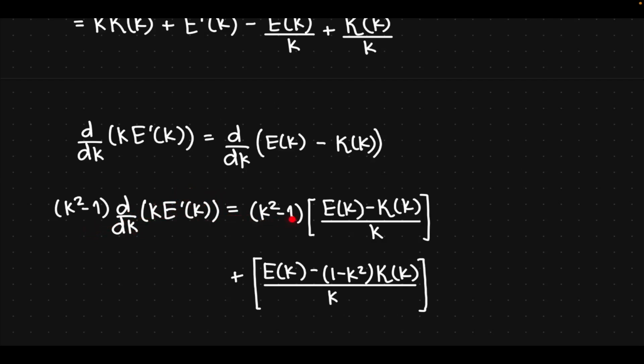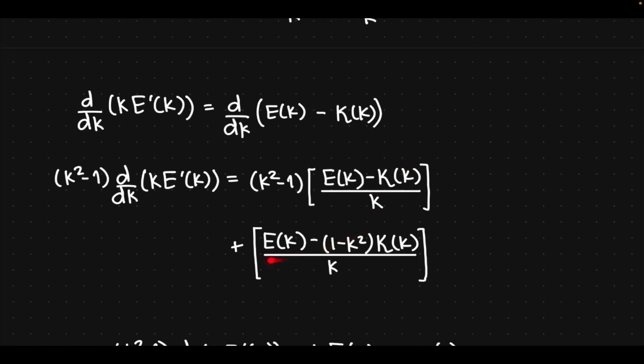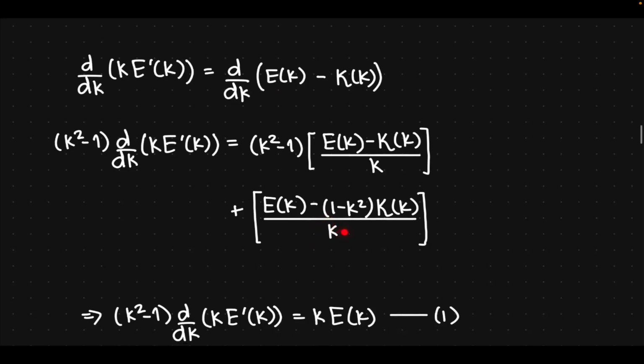I'm just multiplying both sides by k squared minus 1, which equals (k squared minus 1) E of k minus capital K of k over k plus, because this first term is just the differential for E of k, this first term is just after substituting for E prime of k. Second term is substituting for K prime of k. So plus E of k minus (1 minus k squared) K of k over k.